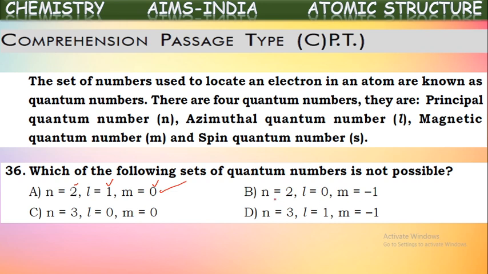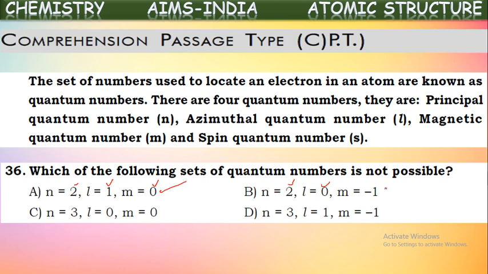And if you see here, n is equal to 2 means second shell, L value may be 0 because L possible values are 0 and 1. So it is given here 0, it is possible value only. And M values, if L value is 0, M values will be, as we know, minus L to plus L including 0. So here L value itself is 0, so M value will also be only 0.